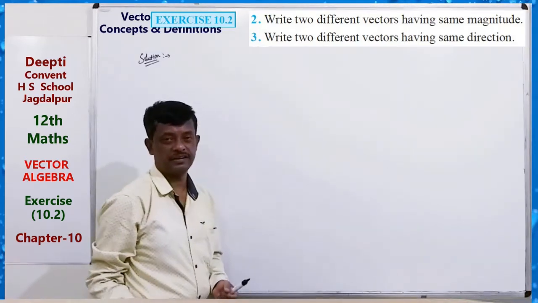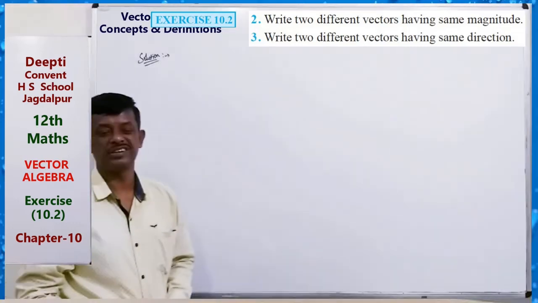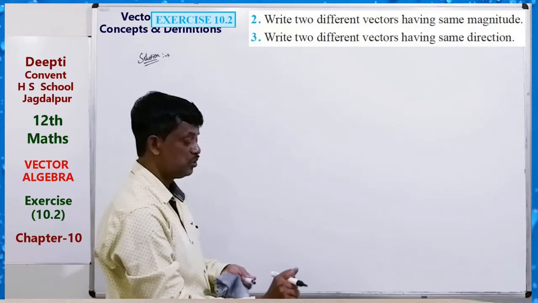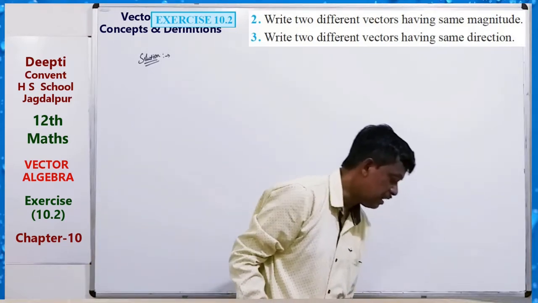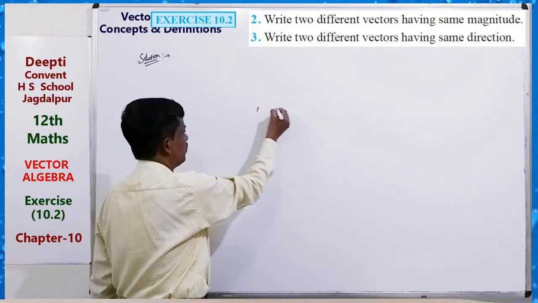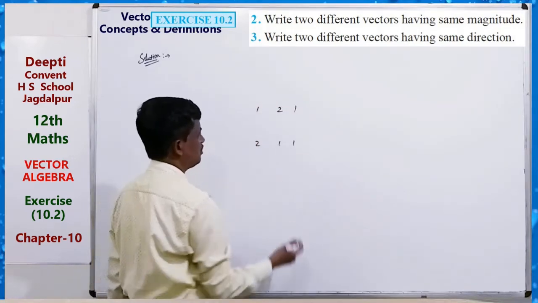Vectors are different if their scalar components are different. So having same magnitude, two different vectors, we can write like this with components 1, 2, 1 and 2, 1, 1.